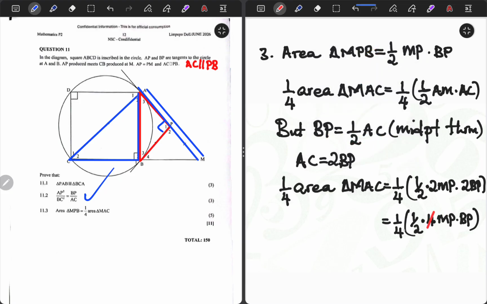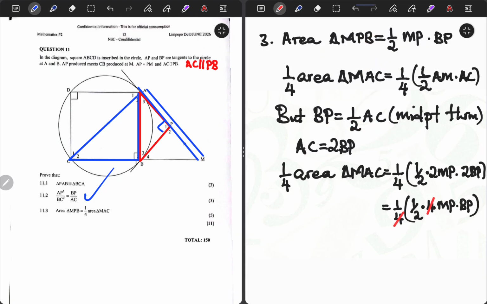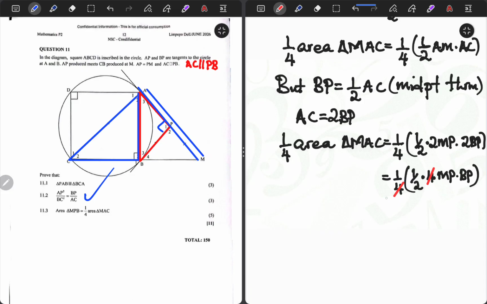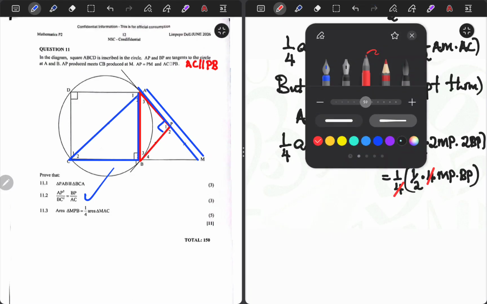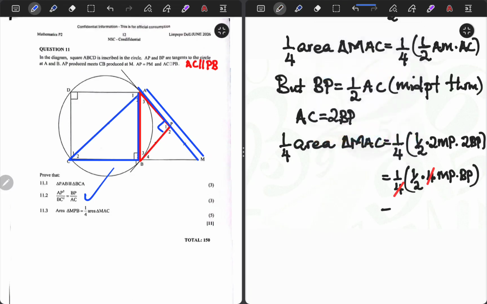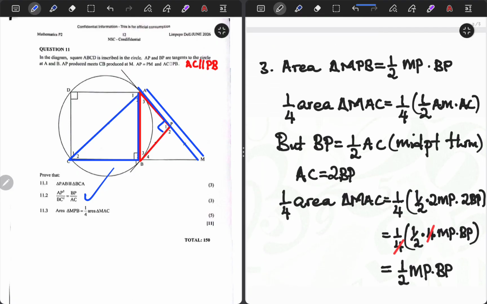This 4 will cancel out this 4. Until you get your answer exactly as 1 over 2 MP and BP. So you can see that this one here is the same as that.